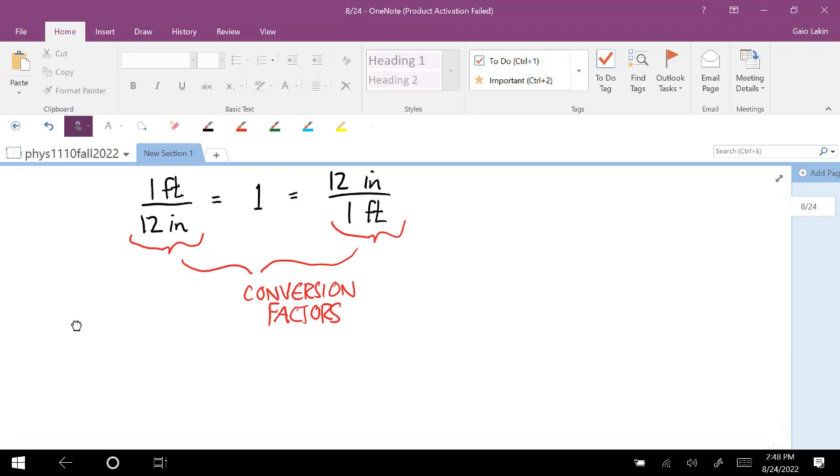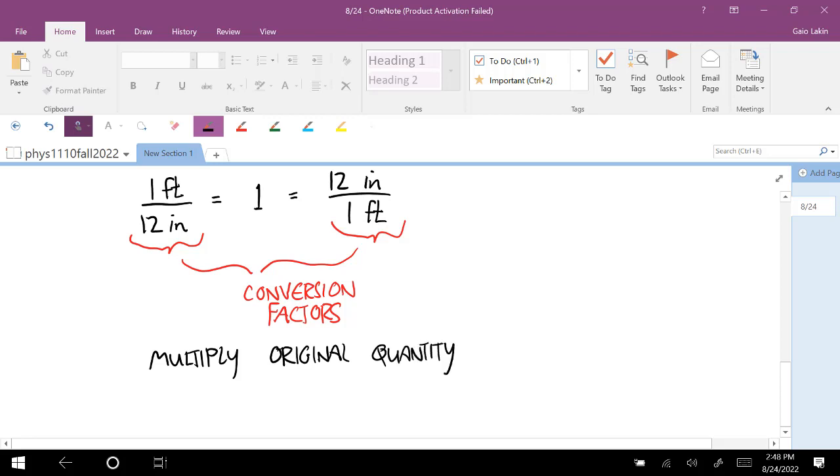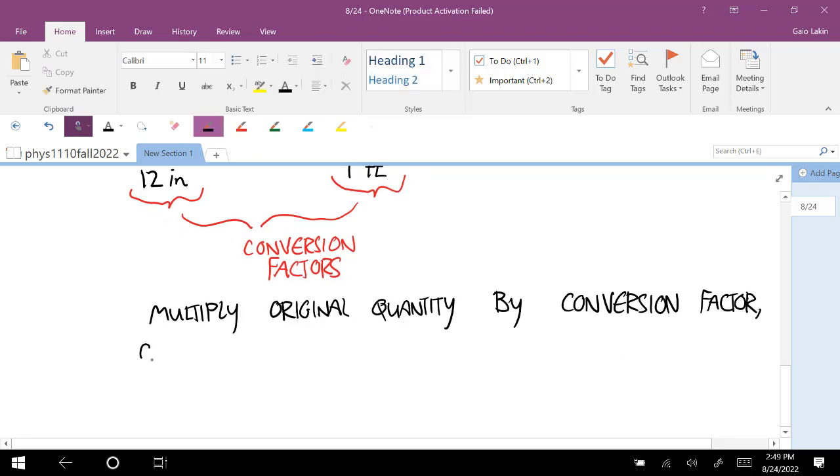And now that we have the conversion factors that we want for our 2 units, we're going to multiply the original quantity, the original measurement, by the conversion factor, and we're going to cancel units as if they were algebraic variables.